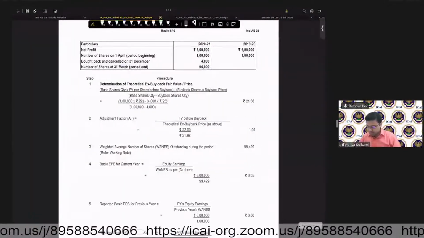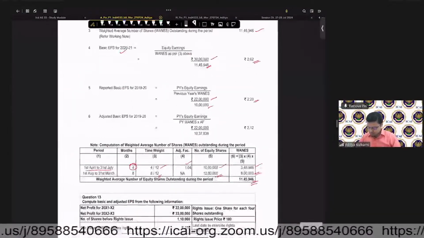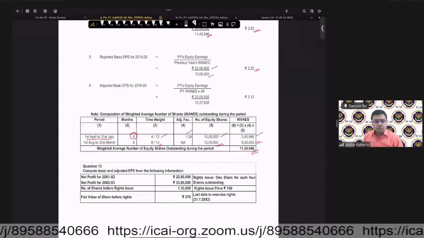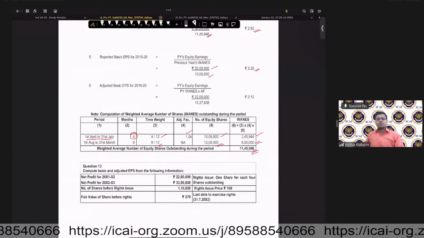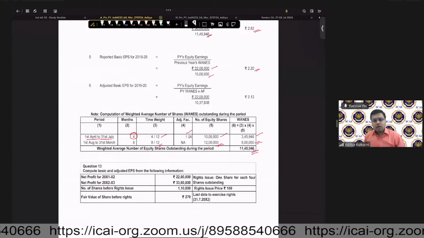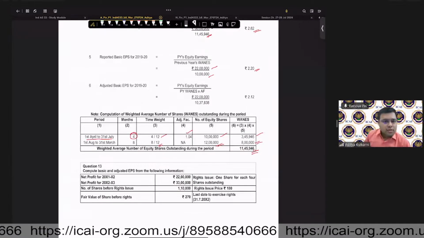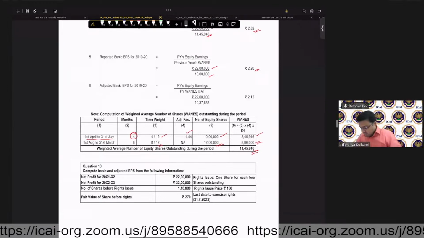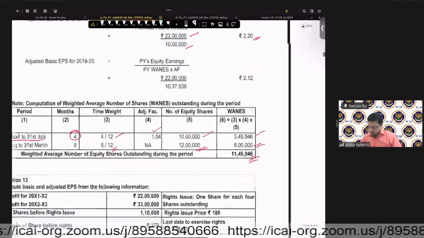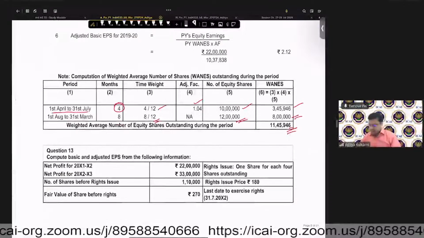No doubts? Abrikesh, all clear? Manish Kumar, any doubts? Sumit was there on the session. He's not there. Okay, fine. So that concludes our discussion on the rights factor.